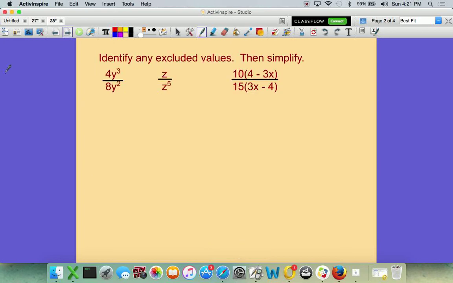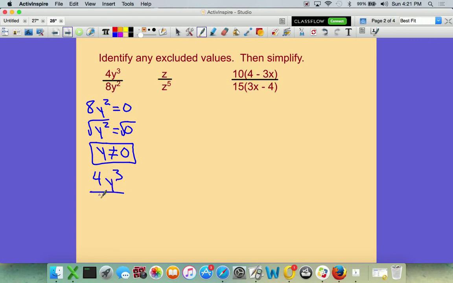Identify excluded values. Once again, for our first one, set the bottom equal to 0 and solve for y. So divide by 8, y squared equals 0, take the square root, y cannot equal 0 again. For our fraction, let me rewrite it.